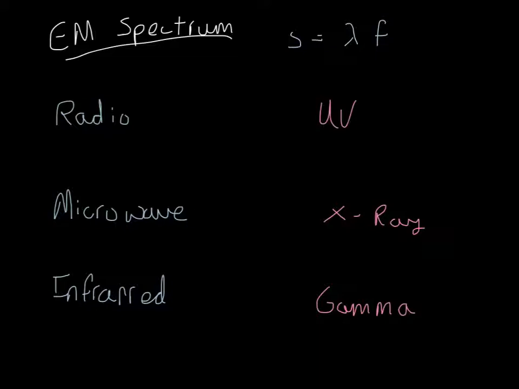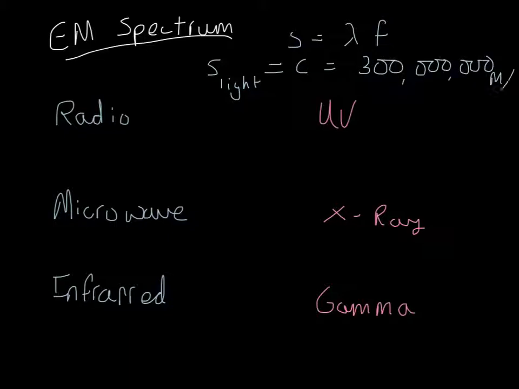And it was experimentally measured that the speed of light is equal to a constant c, which is equal to 300 million meters per second. That's really, really, really fast. Nothing on Earth that we know of can get to that speed except for light. But because it's constant, we can determine the frequency of all these others if we just know the wavelength.